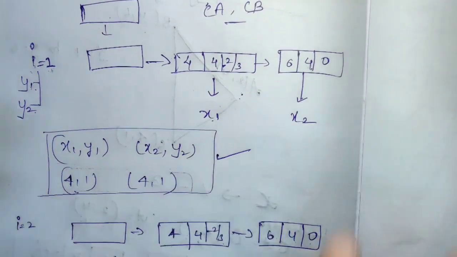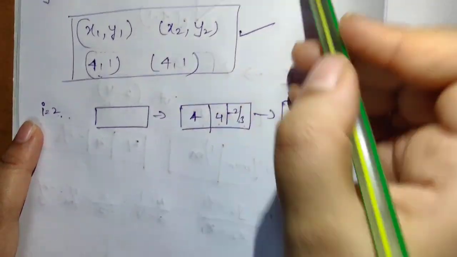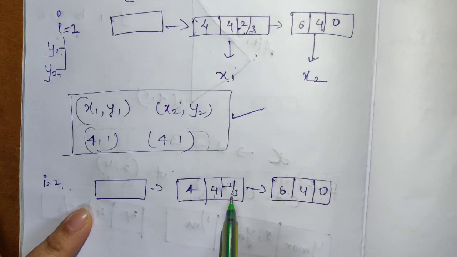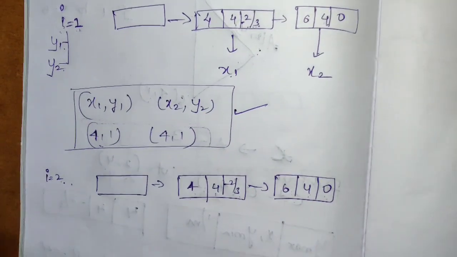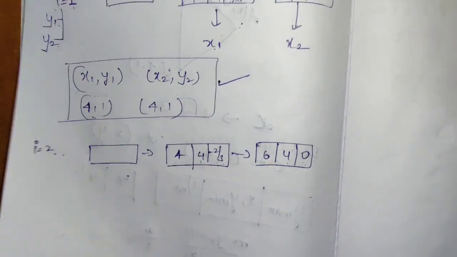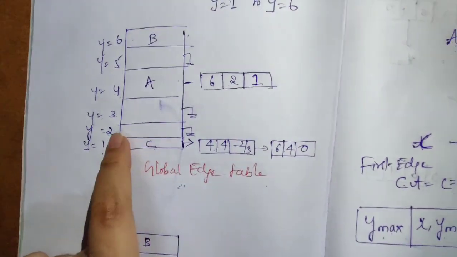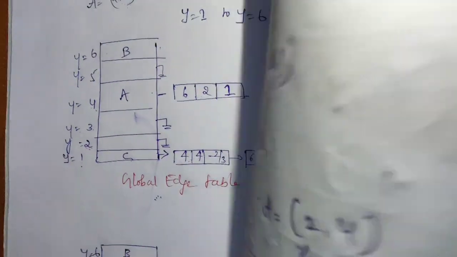Very simple. In the same way, for i equal to 2, this node acts as the input: 4, 4 minus 2 by 3, 6, 4, 0 for i equal to 2. Is there any node here? No, right? There is no node over here.